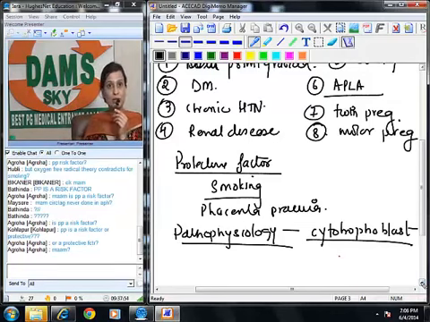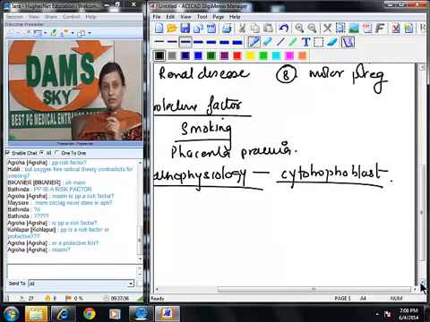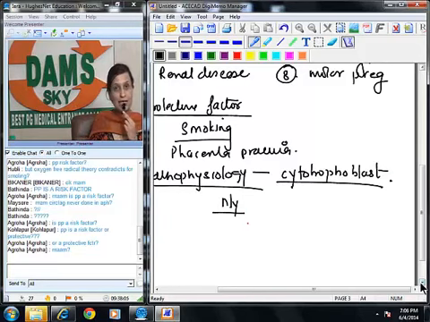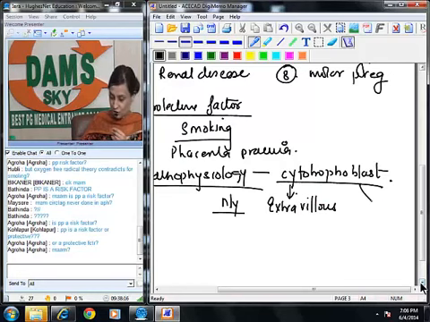So talking about the pathophysiology, there are cells in the placenta called cytotrophoblast. Normally in any pregnant female, there are two types: villous cytotrophoblast and extravillous cytotrophoblast.